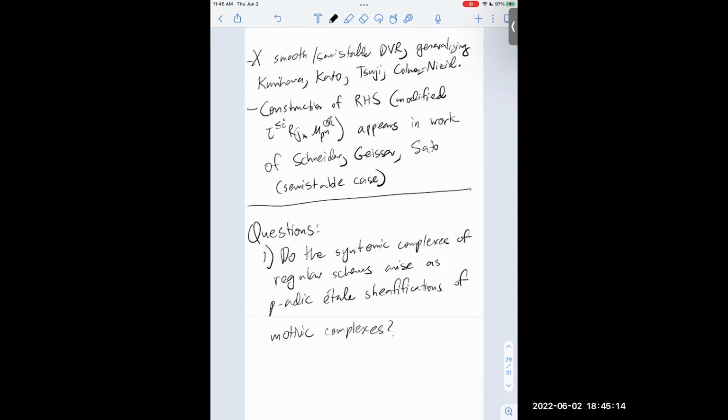And if so, is there an analog of this description of the synthomic complexes? Is there some description like that of the mod p motivic complexes? So this question in the semi-stable case is essentially mentioned in the article of Sato. And it's essentially done, and proved in the article of Geisser, for something that's smooth over a DVR. But one could ask this for more general regular schemes.